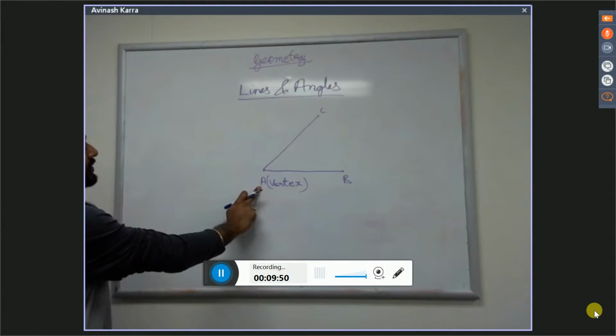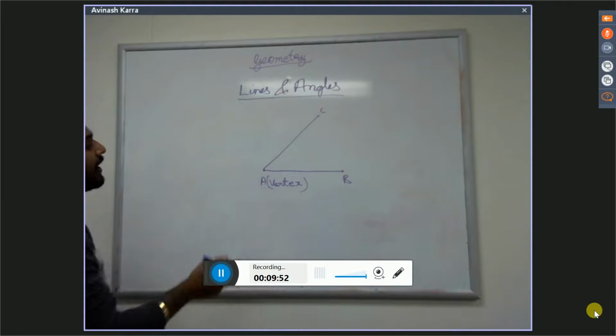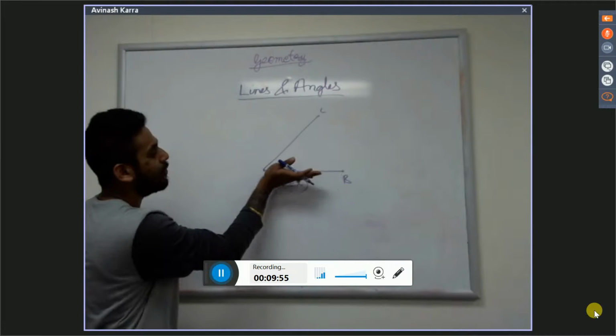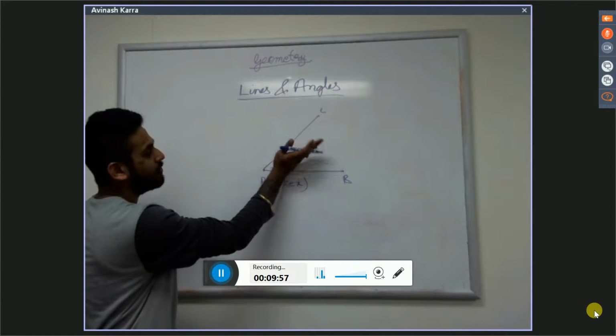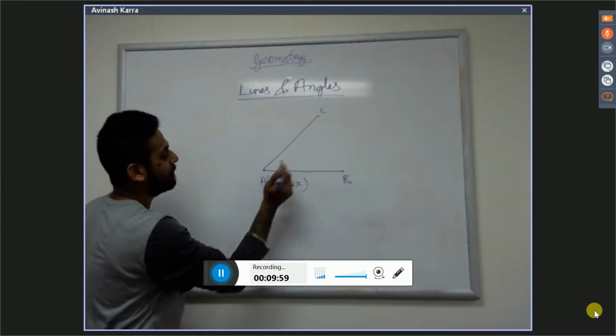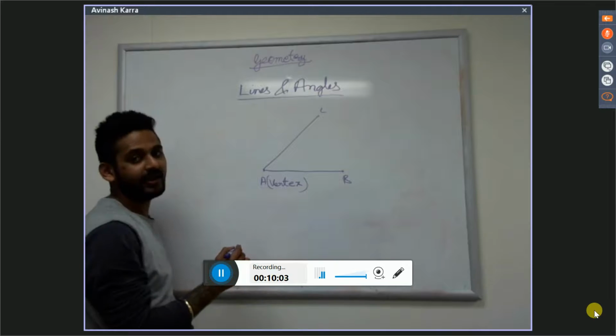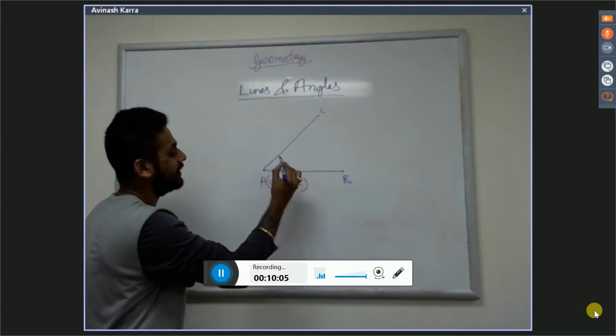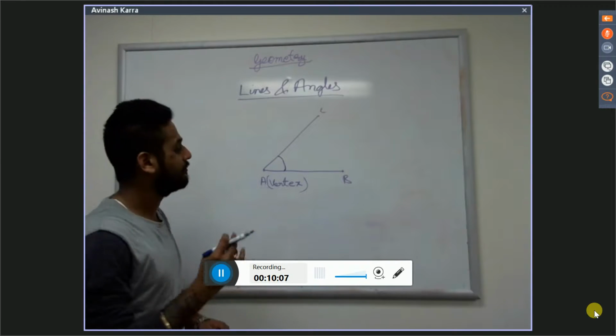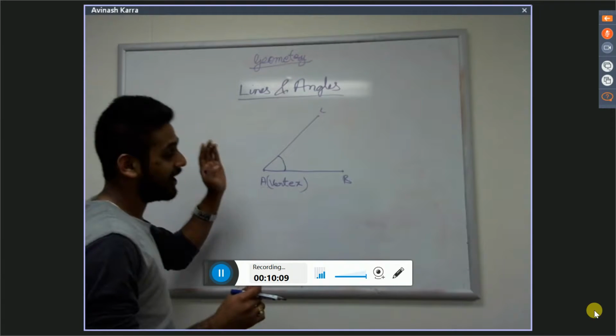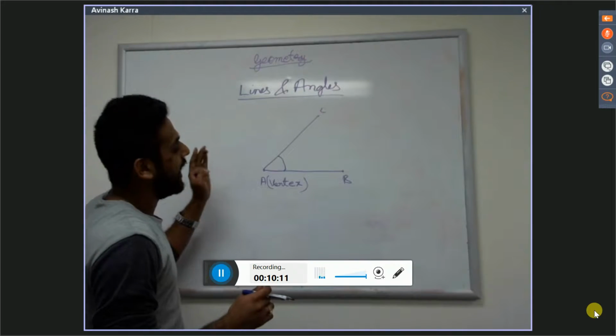Let us denote it with A. And the amount of deviation from line AB to line AC is calculated as an angle.